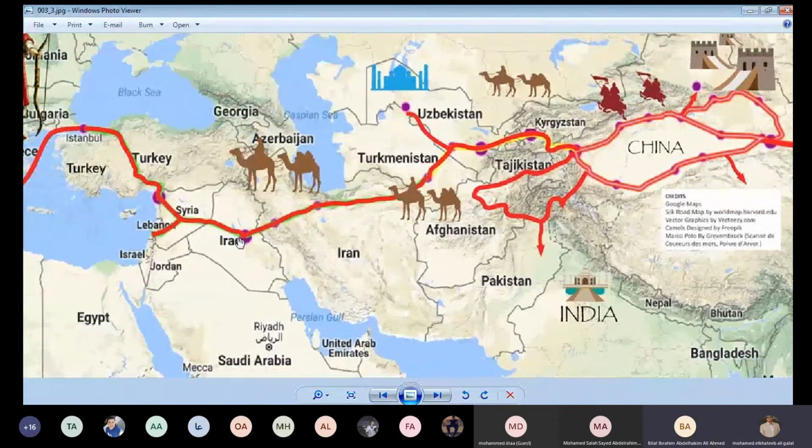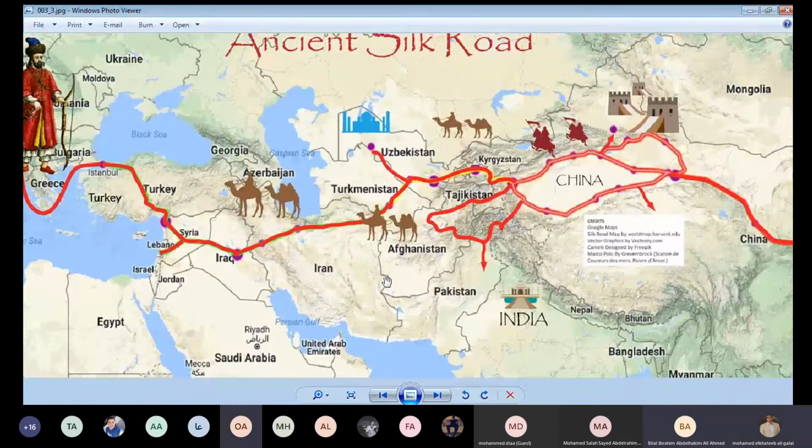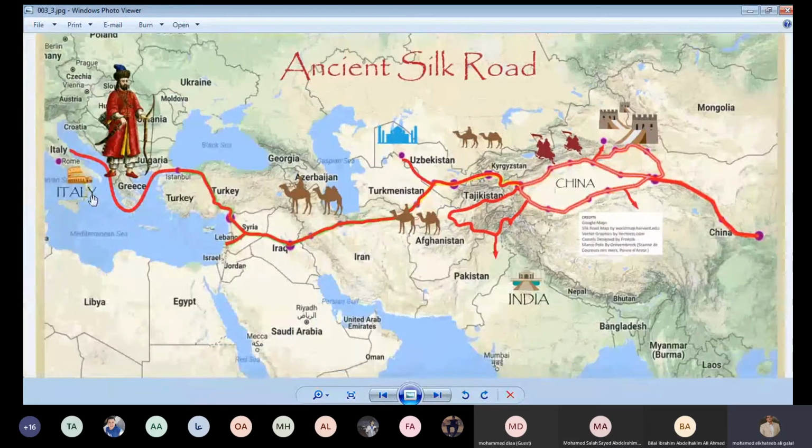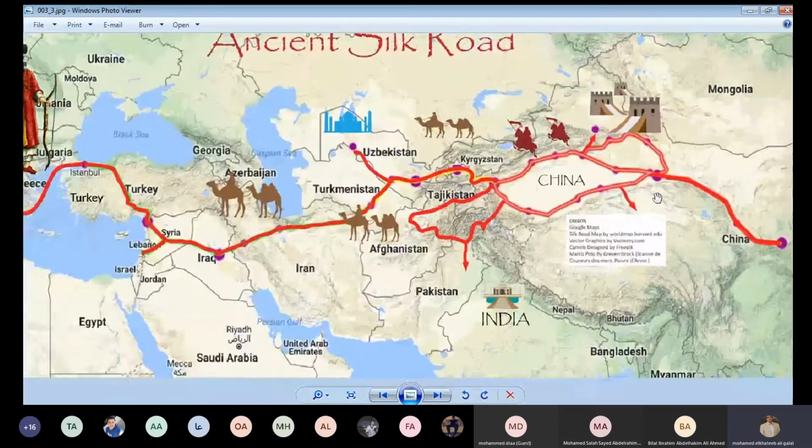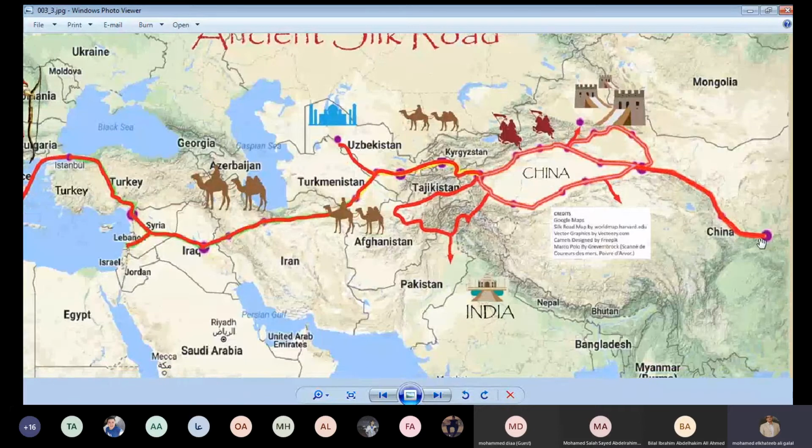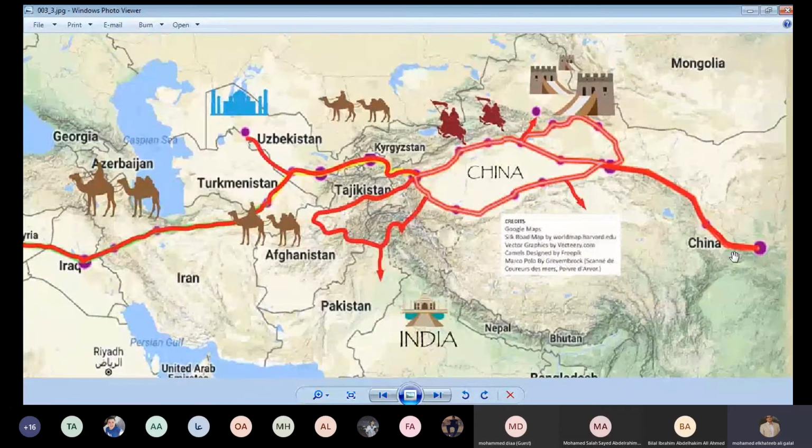Maybe places where they stop and trade. Yes, these are cities they must pass in order to go to Europe or even to China. They must stop at these points to get some supplies, some food and water and so on. So every single trip, they must stop at these dots.